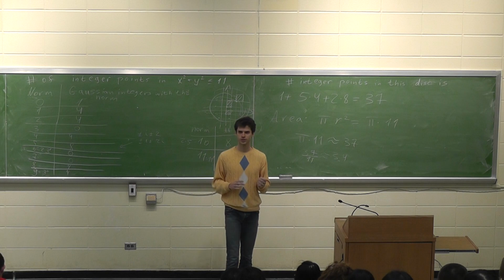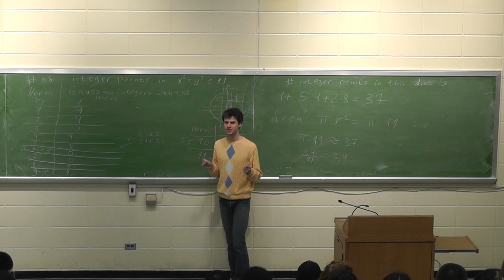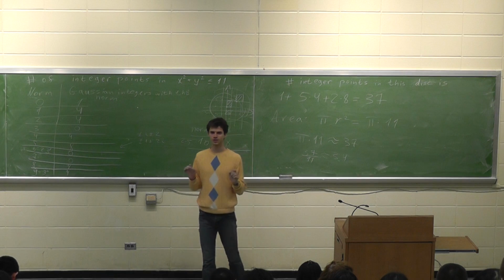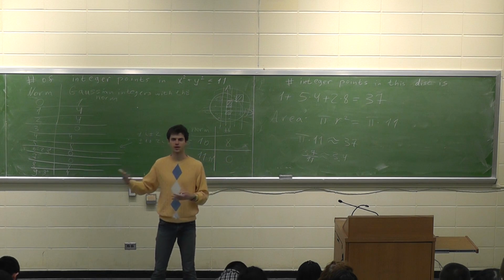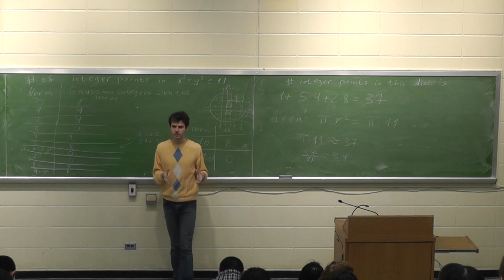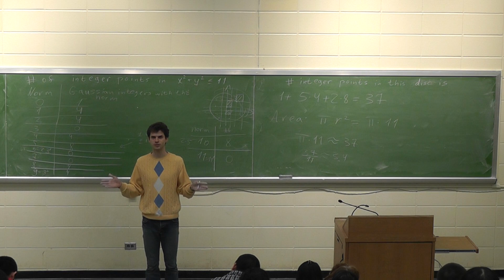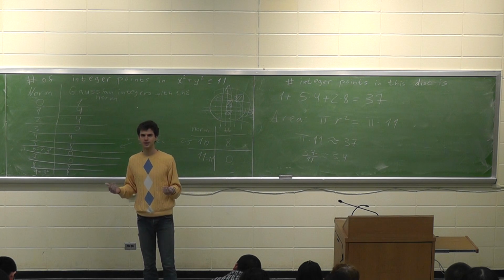Okay, so any other questions? So the first thing I want to discuss just a tiny bit is what comes after this course. We covered some very elementary number theory in this course, and from here, number theory does develop.